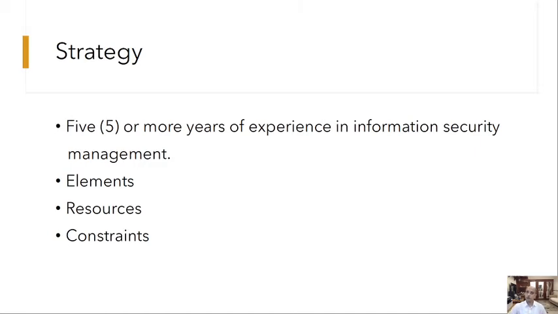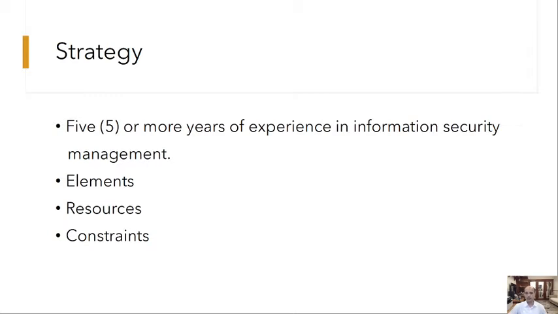But there are some constraints also, and the biggest constraints can be budget, legal, physical location, ethics, cultural differences, personnel, resources, then risk appetite. So these are the constraints. These are the things which we need to take care of when we are setting a strategy.